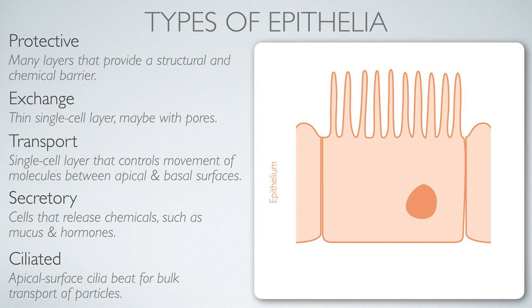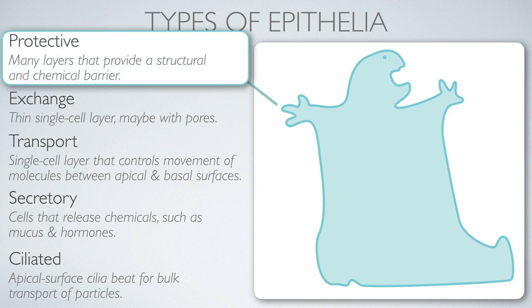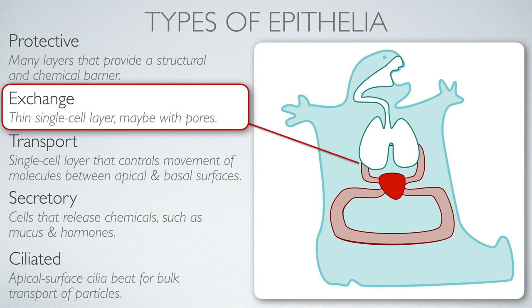All right, so where do you find all of these different types of epithelia? Your body is like a sac, and this sac is surrounded by skin, which provides a protective membrane. In the interface between your lungs and your circulatory system, we have exchange cells. When we talk about the respiratory system, we'll consider how those cells work in detail.